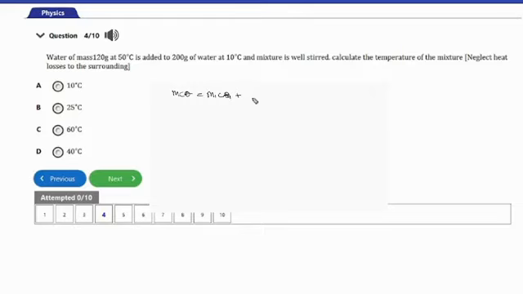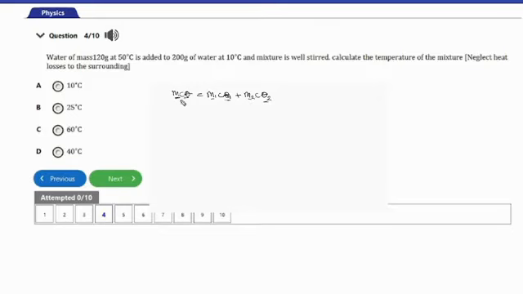Here, M will be the sum of the masses, theta will be the common temperature, M1 is mass 1, M2 is mass 2, theta 1 is temperature 1, and theta 2 is temperature 2.